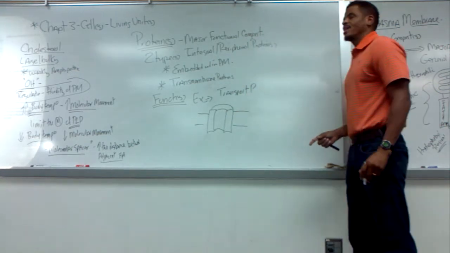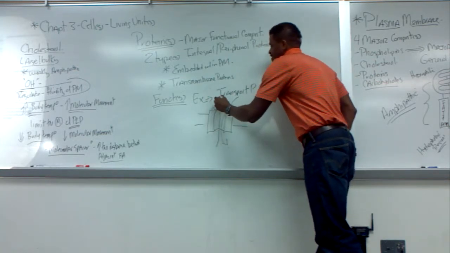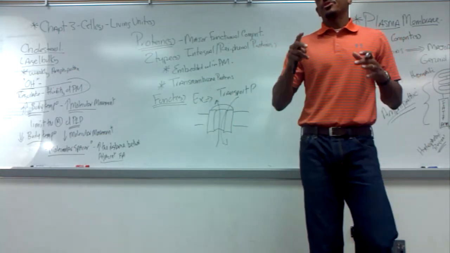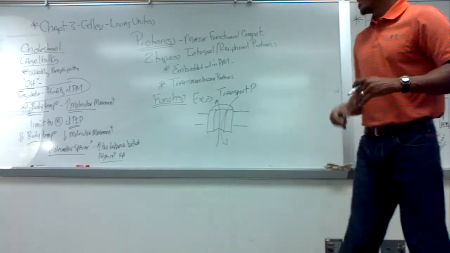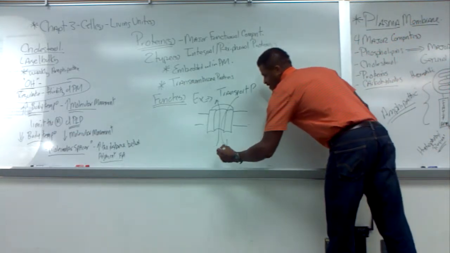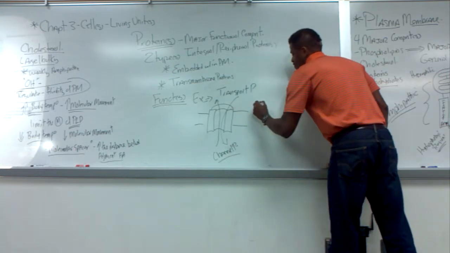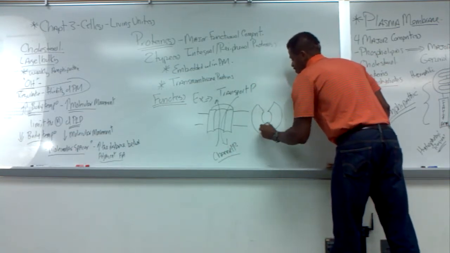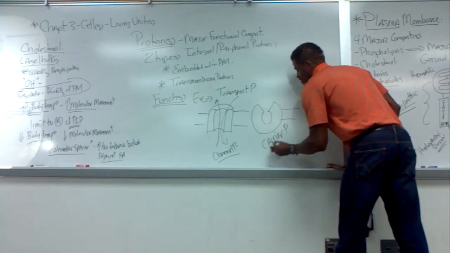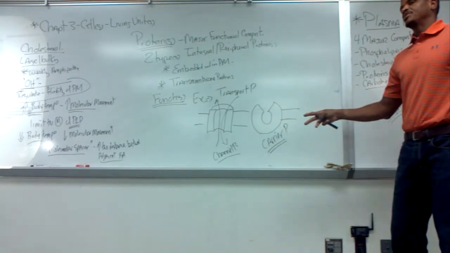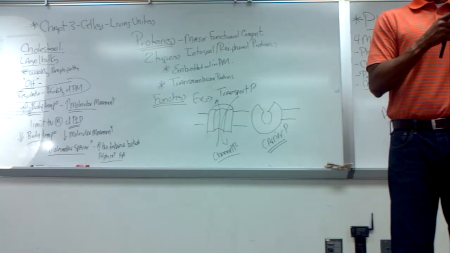So we have channel proteins that allow ions to either enter or exit the cell, because we said these substances are charged. They cannot really interact with the what? Hydrophobic core of the plasma membrane. This is a channel protein, or we have what are called carrier proteins, which have a specific binding site that binds to a particular solute to transport that solute across the plasma membrane.